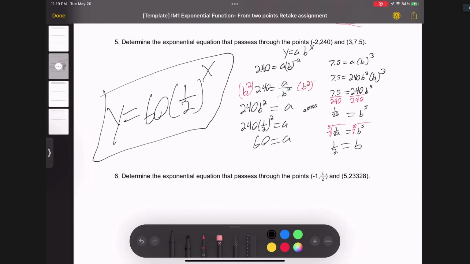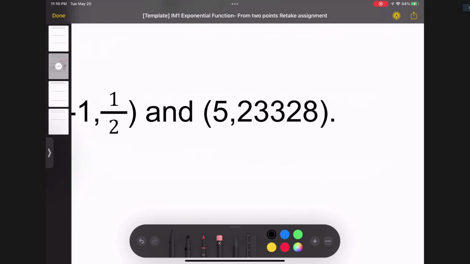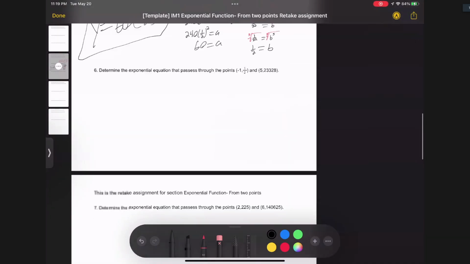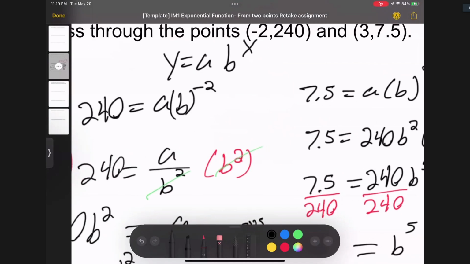Hopefully that answers your question for this scenario. You're going to be doing the same process. I know you might be getting some weird numbers. You might be getting negative numbers or fractions. Again, my suggestion is always do the smaller exponent for b. Get that a by itself and plug it into the other equation. If you do it that way, you're not going to have an end result like this situation.